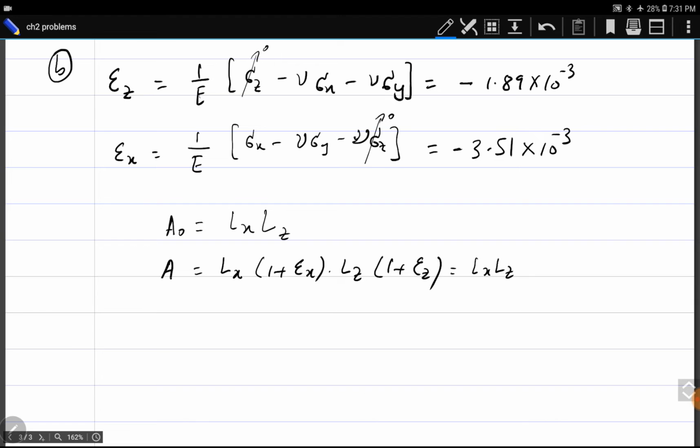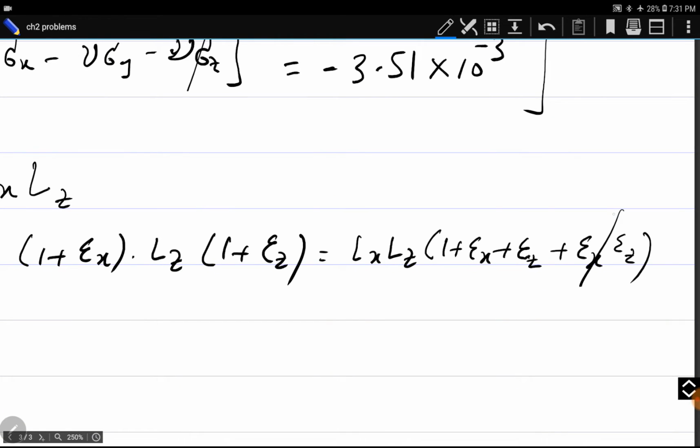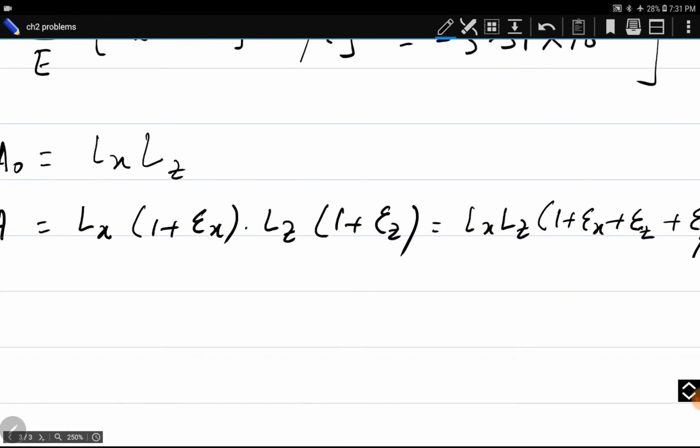The product of these terms will be Lx Lz into 1 plus epsilon x plus epsilon z plus epsilon x epsilon z. This last term is actually a product of two strains. Strain is already a very small number, so their product will be negligibly small. So I will omit this term for simplification.